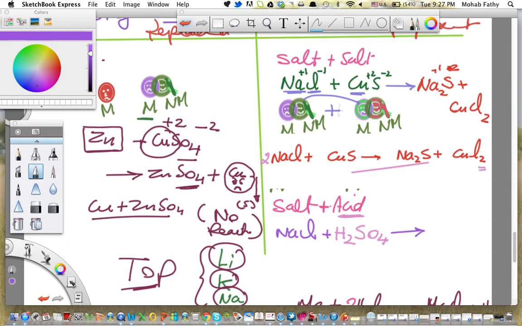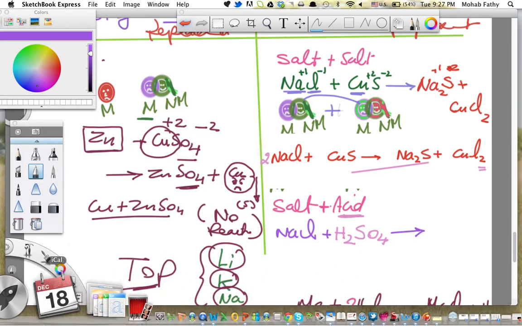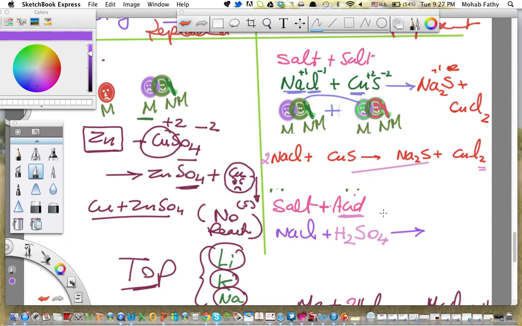The same will take place. So Na is with H2. Oh no, sorry. No, Na2. Hydrogen has +1, right? Hydrogen will not be attached to sodium because both of them are positive.